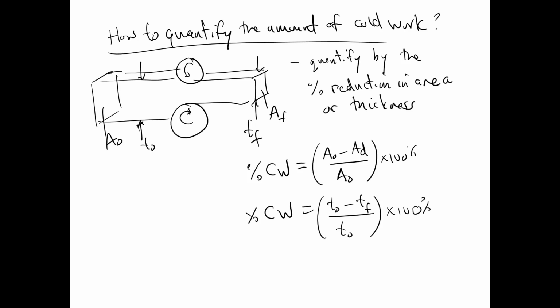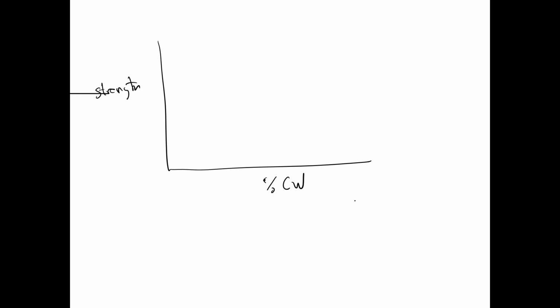And if we plot what happens to the strength as we work the metal more and more, we get a relationship that looks like this. So here's the strength versus how much, that's percent cold work, or how much we're working the metal.